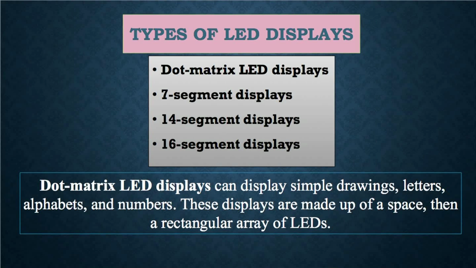First, dot matrix LED display, 7-segment display, 14-segment display, and 16-segment display. So what is a dot matrix LED display? Actually, it can display image drawings, letters, alphabets, and numbers. These displays are made up of a rectangular array of LEDs.